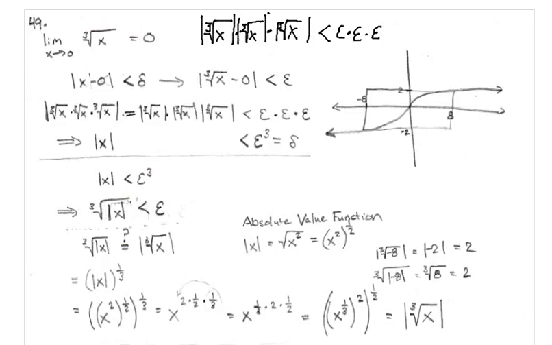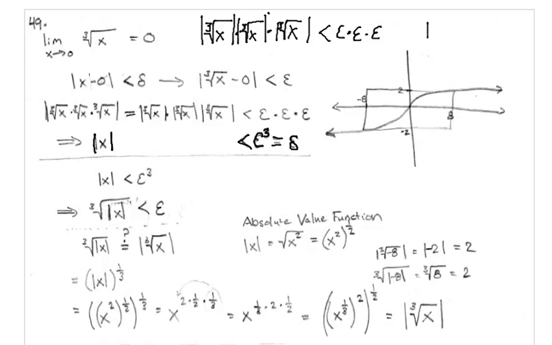So down here, I know that these absolute values can be multiplied together inside the same absolute value. So therefore, I would know that my absolute value of x would be less than epsilon cubed. So I could choose a delta equal to epsilon cubed.